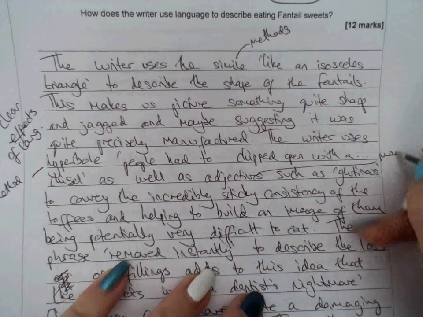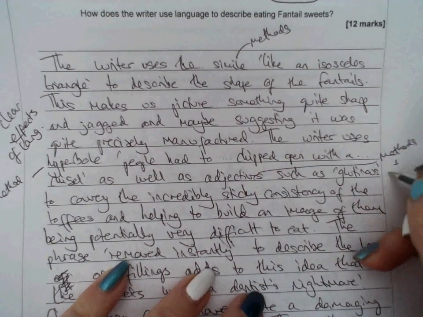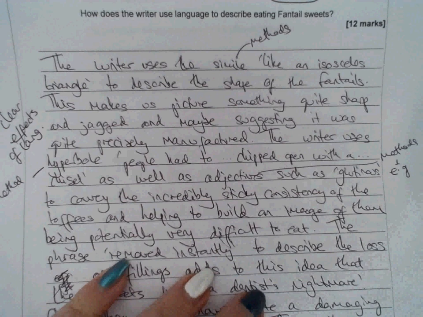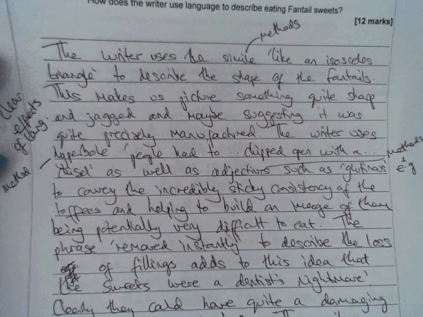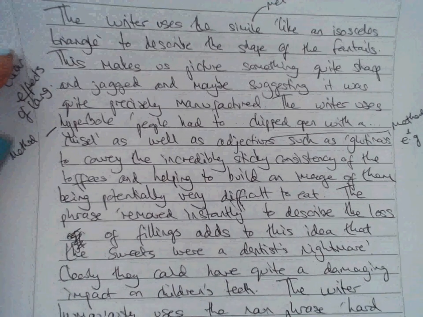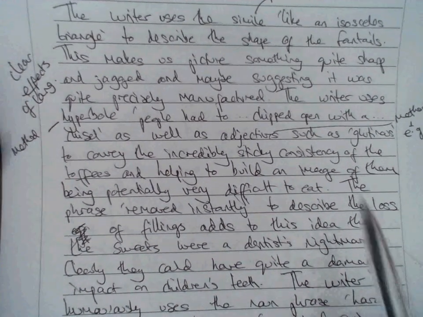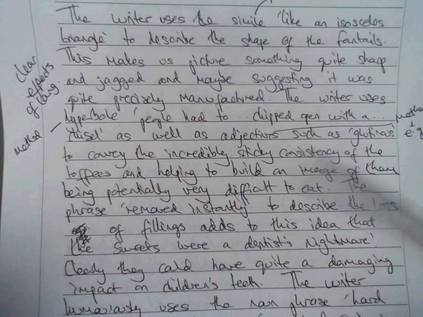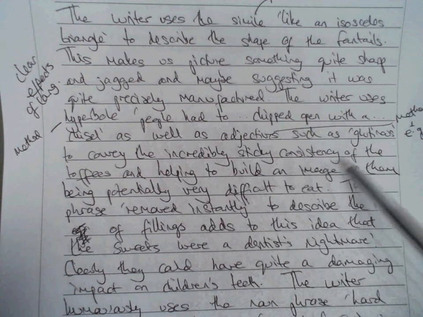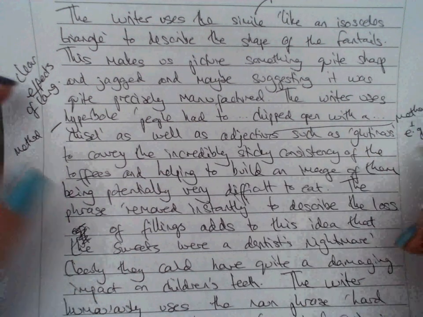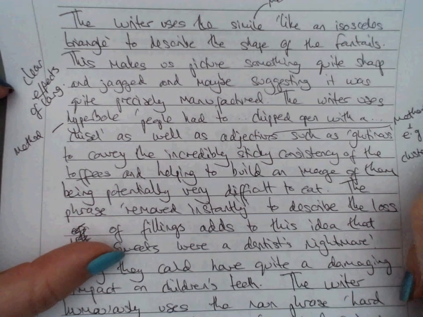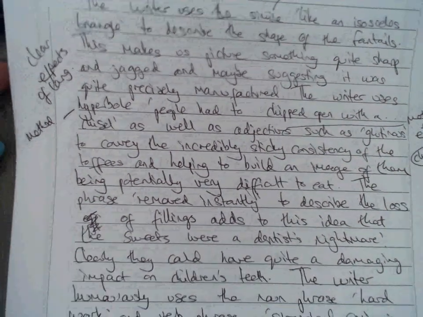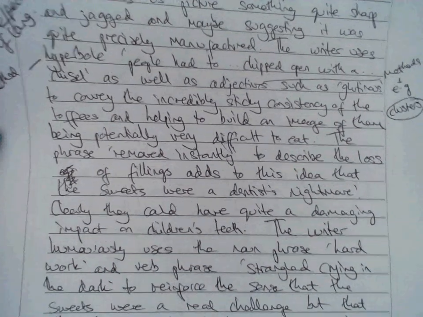So adjectives, I've got another method here, and examples, to convey the incredibly sticky consistency of the toffees and help build an image of them being potentially very difficult to eat. So what I've done here is joined a few examples together. I've got that hyperbole and this adjective. I'm looking at them together. And this is something I'd quite like: when you find clusters, you can find more than one example to back up what you're trying to say.